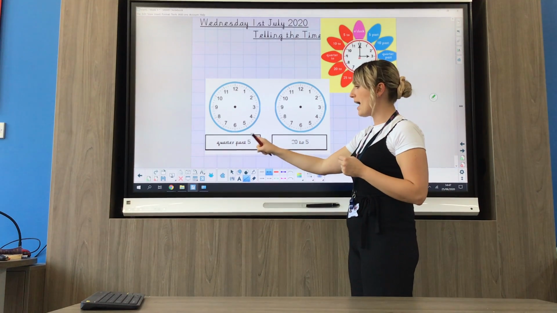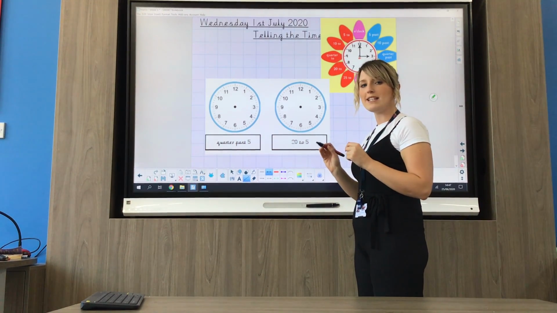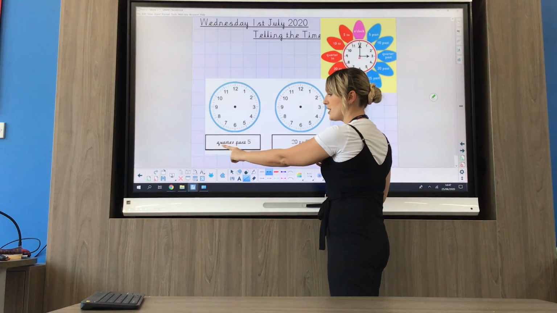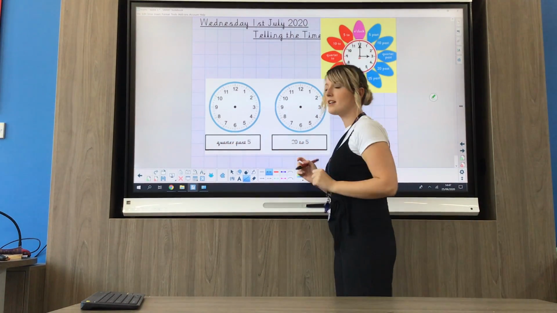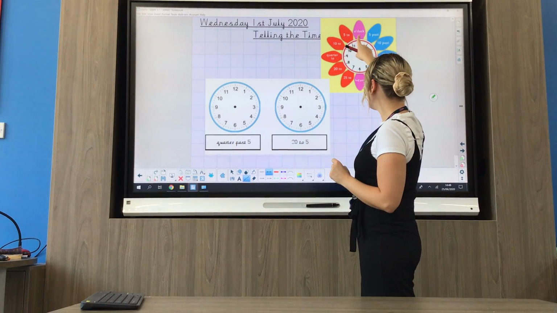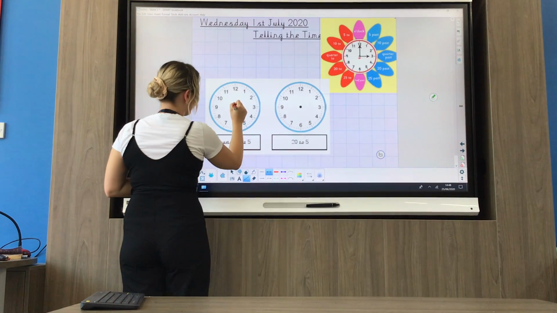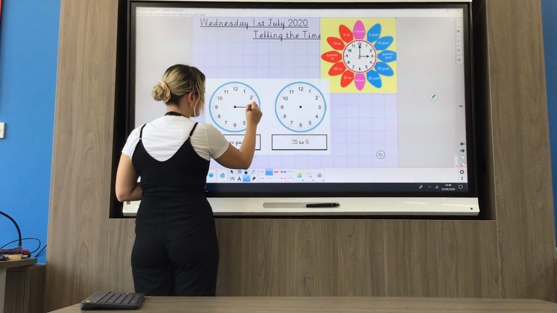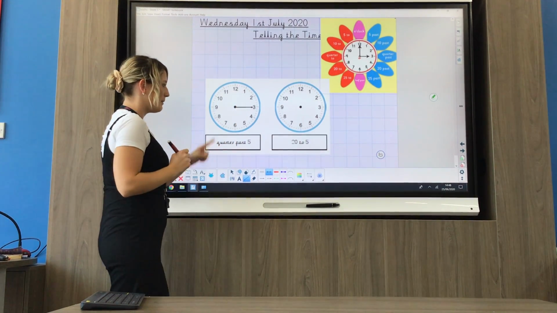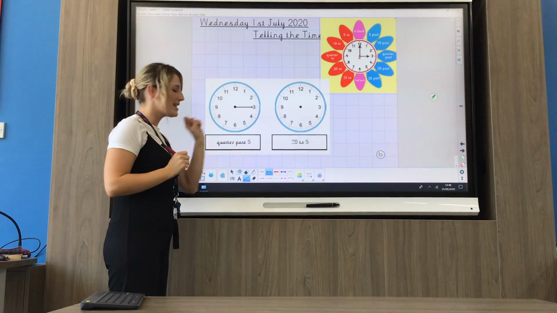It says 5:15. So I'm going to focus on doing my long minute hand first. Using my picture to help me, I know that 5:15 means it's got to point at the 3. So my long minute hand is going to be at the 3. I'm going to make sure it's all the way so I can clearly see it's my long minute hand.